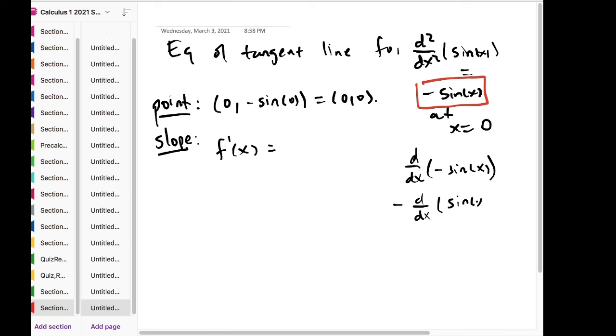So what is the derivative of negative sine? Yep, negative cosine. Okay, so what happens when you plug in 0? Negative 1. So what is the equation of the line?